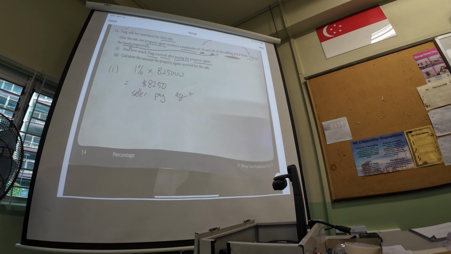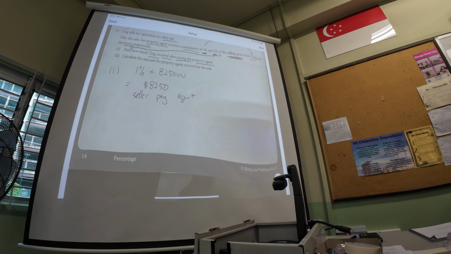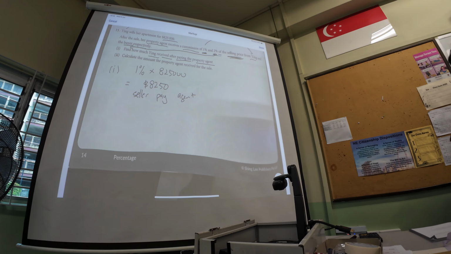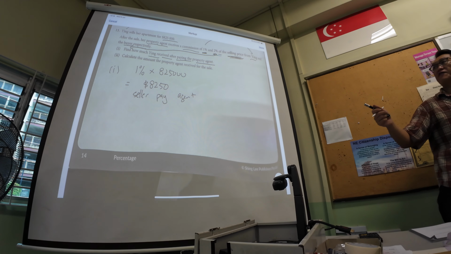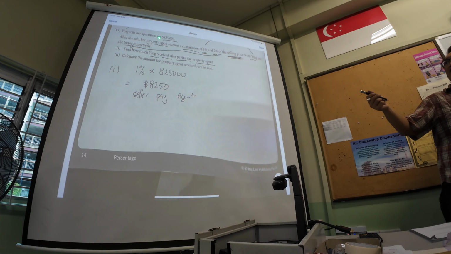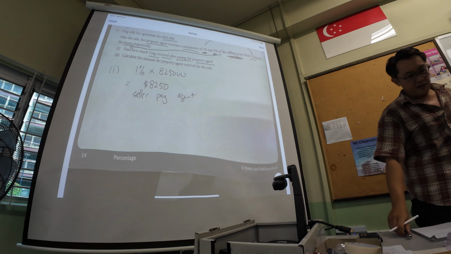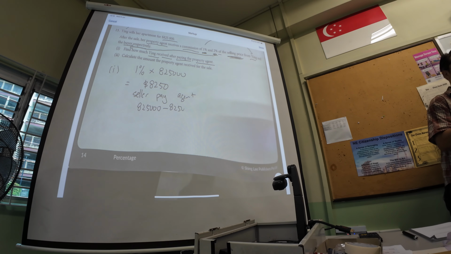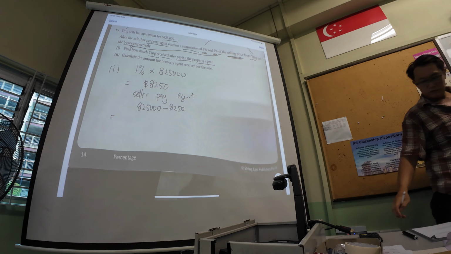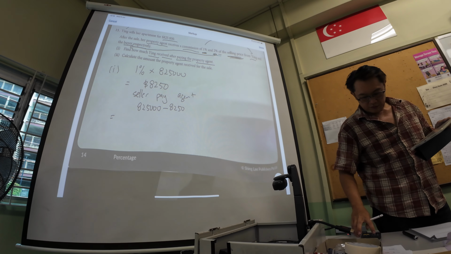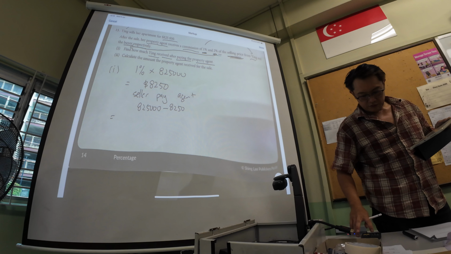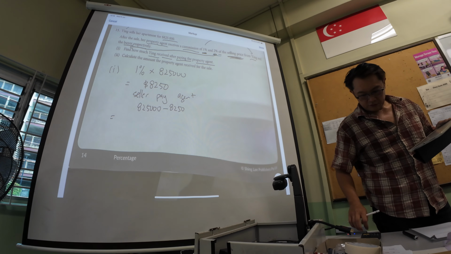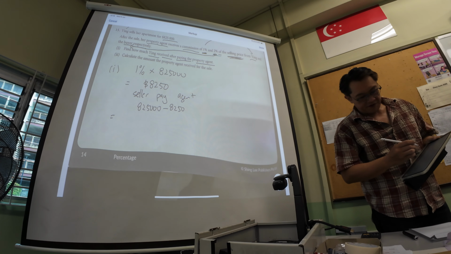But this is not the answer to part 1. Part 1 is asking how much the seller receives. So the seller sold at this price and pays this amount to the agent. So the seller only gets 825,000 minus 8,250, which is 816,750.